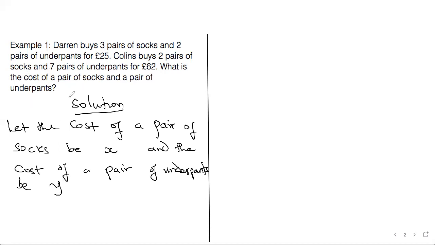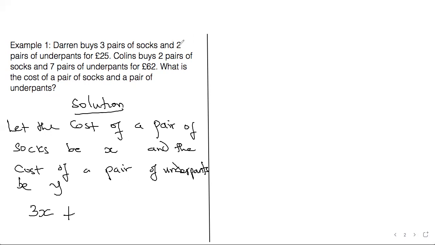When we're told that Darren bought 3 pairs of socks, that means if you multiply 3 by X, you will get the total amount Darren will pay for socks. And Darren also bought 2 pairs of underpants.